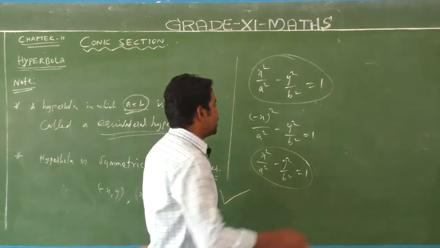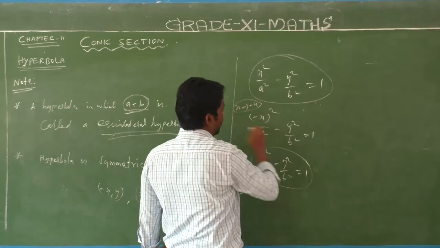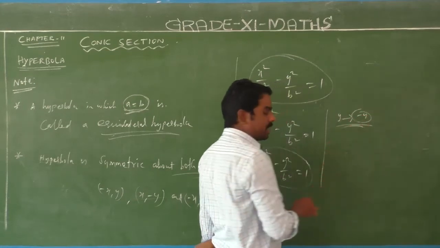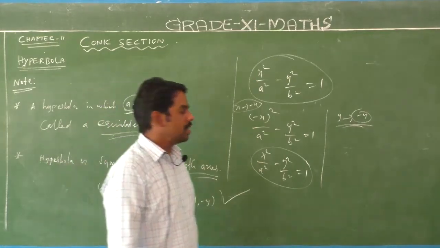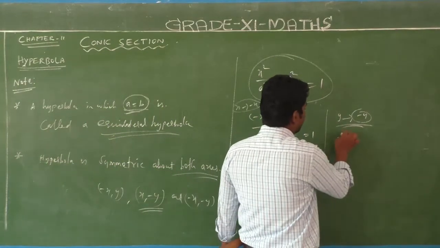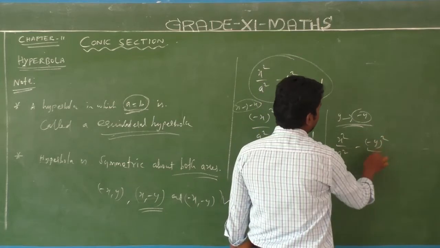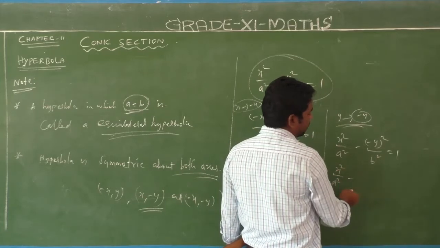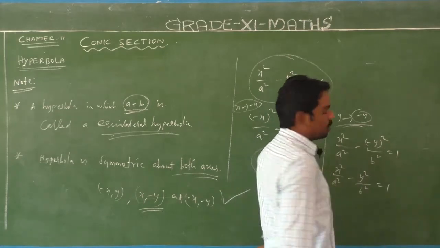Another point: x is kept and y is replaced by minus y, so the point is (x, minus y). So x squared by a squared minus (minus y) the whole squared by b squared equals 1, which is x squared by a squared minus y squared by b squared equals 1.